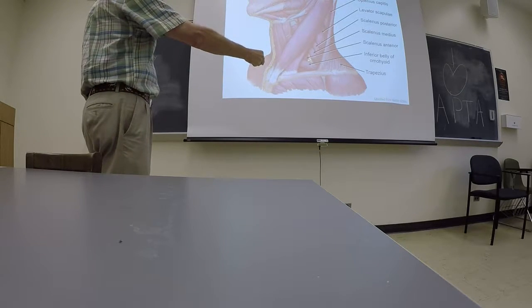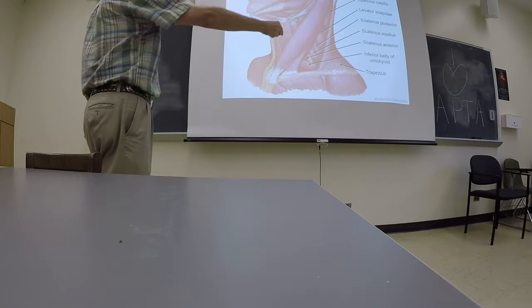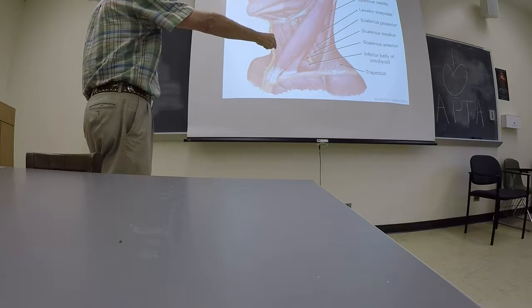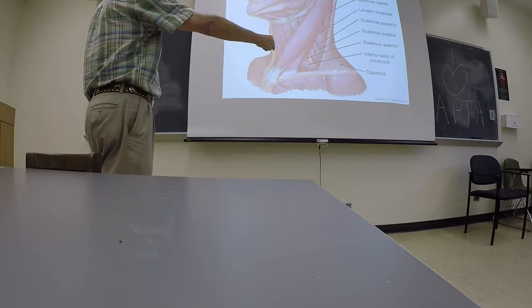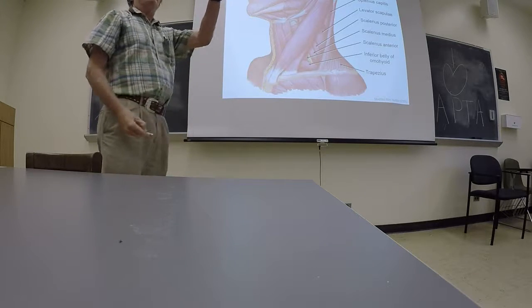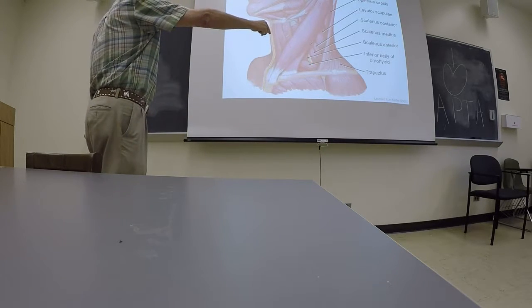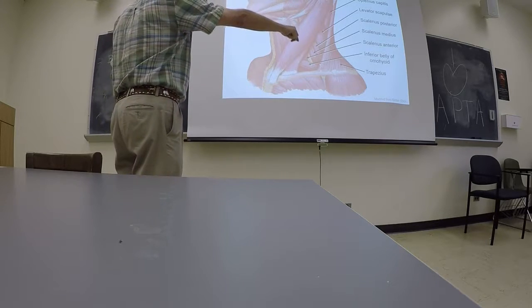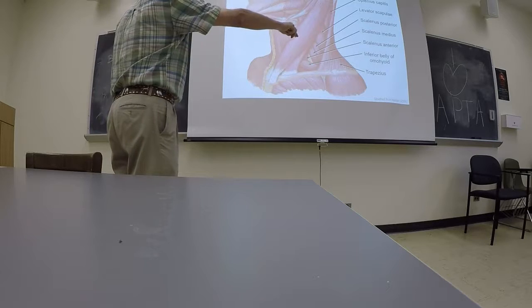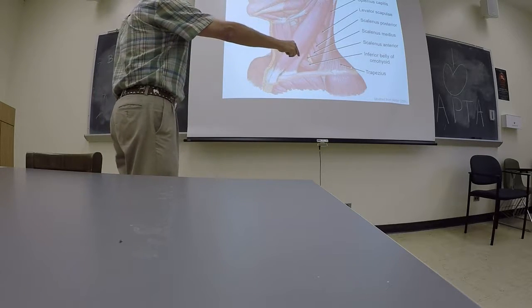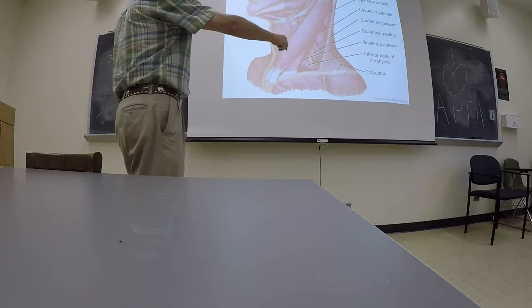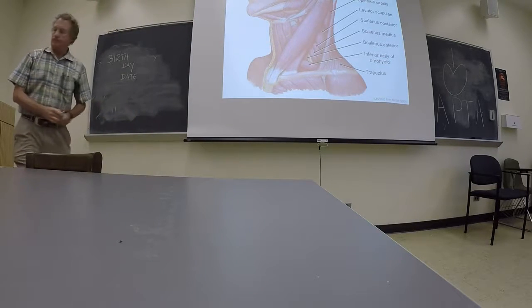And then there's a series you haven't seen before, a series of scalene muscles: posterior scalene, middle scalene, and anterior scalene. These are short little muscles about that big, going from the cervical vertebrae up here down to attach to the ribs. We'll see that in a few minutes. And then coursing across the bottom again is the inferior belly of the omohyoid muscle.